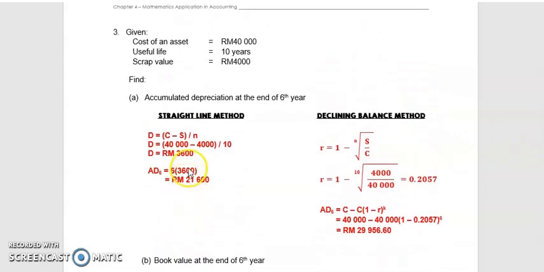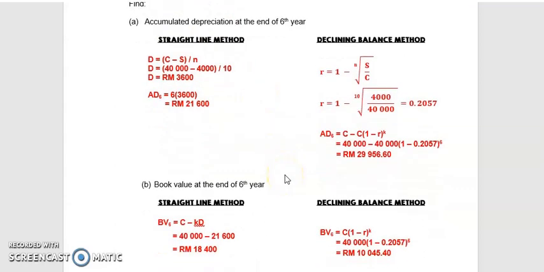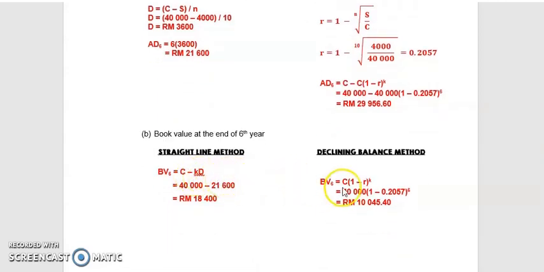Let's say you want to sell this asset. As a seller, for sure we want a higher price. Based on these two methods, looking at the book value, which one do we prefer, the straight line method or the declining balance method?